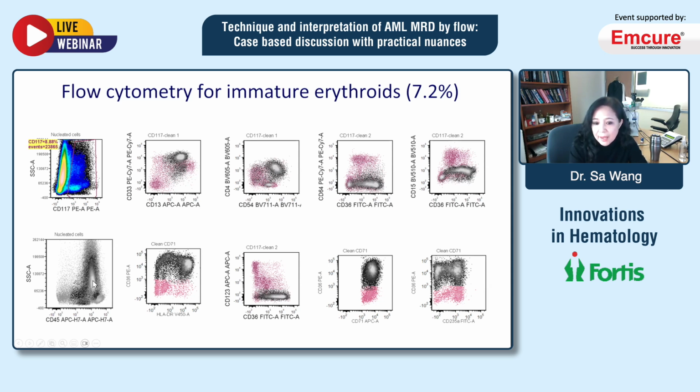And it turned out they're actually not granulocytes. They contain the immature erythroid precursors with a lot of aberrancy, CD33, CD13, and they have CD54. They have CD36 erythroid markers, and they have CD71 and glycophorin. So these are the immature erythroid.